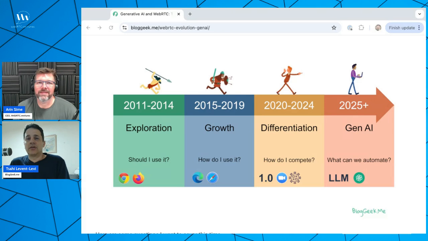But I think we're starting to put generative AI almost everywhere in WebRTC and elsewhere. Hence, we now have an era of WebRTC that I'm not sitting quite well within my chair by saying that, because it's not defined around a word like exploration, growth, differentiation, but rather about the technology, generative AI.